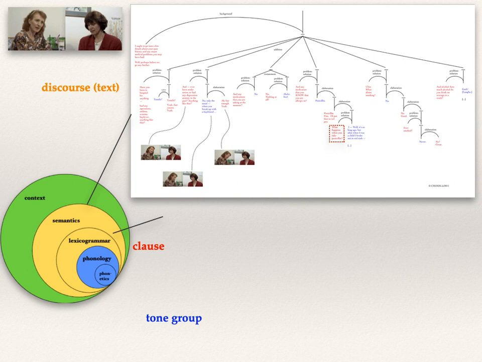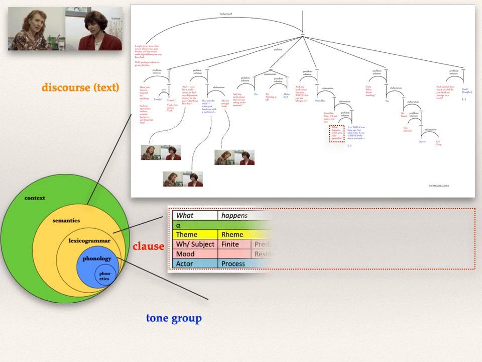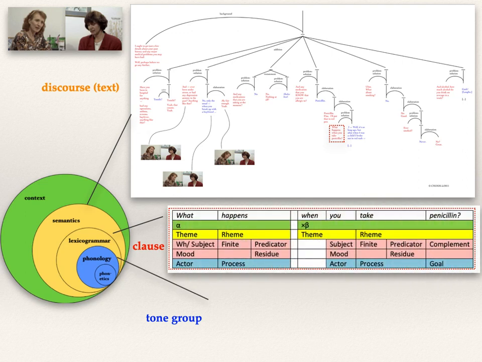So if you just take one fragment from the whole text, from the whole unit of meaning, we can look at the clauses here. And it's a combination of two clauses. The doctor asks the patient, what happens when you take penicillin?